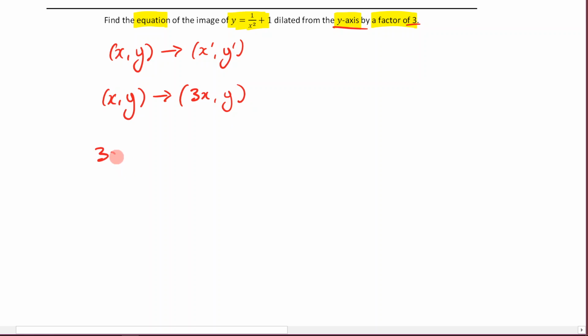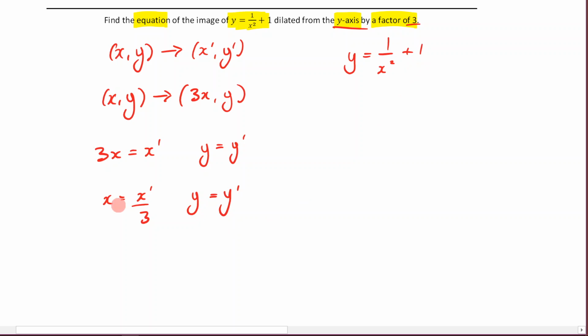Then I create my equations. So I'm saying 3x is equal to x dash, y is equal to y dash. Then I'm going to solve for x. So I get x is equal to x dash over 3 and y is equal to y dash. I then write my original equation and I'm going to sub in these things right here. So y is equal to y dash and x is equal to x dash over 3.